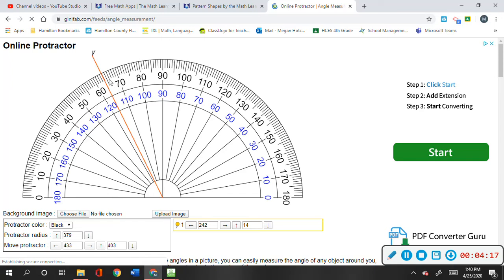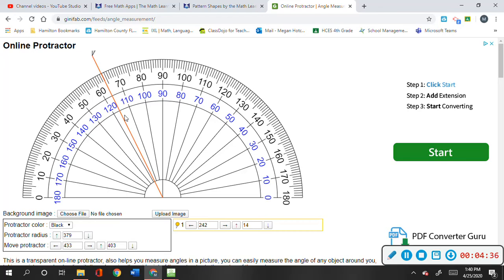Now, is it going to be 76 or is it going to be 116? Well, looking at the angle itself right here, that's more than 90 degrees. So I'm going to say that it is 116 degrees.